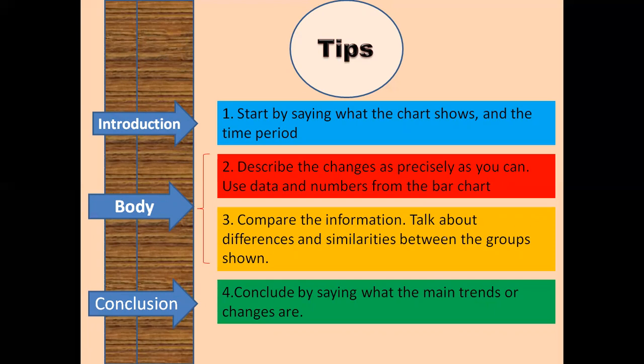First, you have to give very precise information about the things that you have been provided. And then you will have to give a comparison of the information given there. Talk about differences or similarities between the groups shown to you. And then you have to write the conclusion. You have to conclude by saying what the main trends or changes are.